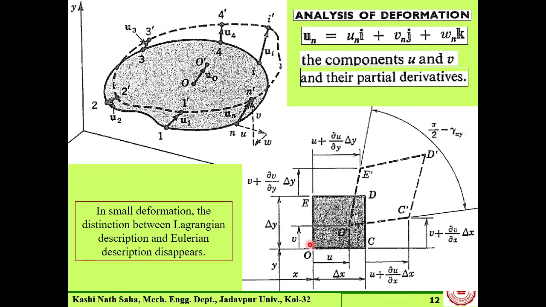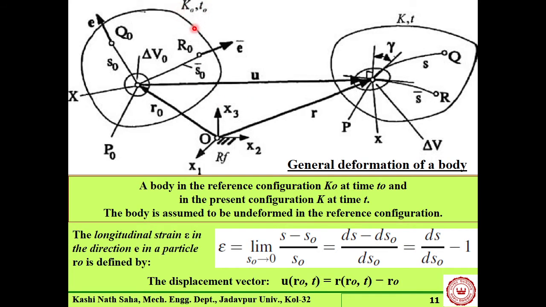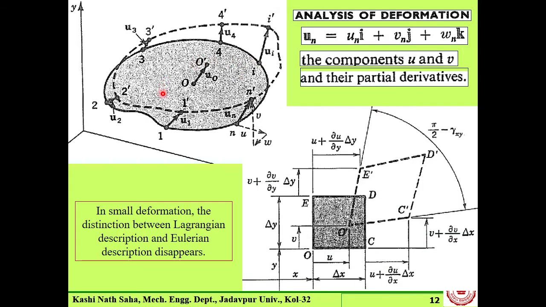So what is the deformed position of point O? This is the deformed position, shown by dotted line. The same thing, reference position and deformed position. This is the reference position, this is the deformed position, this point has gone there, and this point has gone there. What is the measure? If this point is 0, 0, we can neglect the X and Y coordinates of point O, so let us shift the origin to this point.